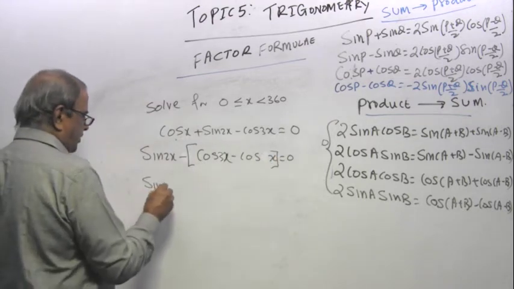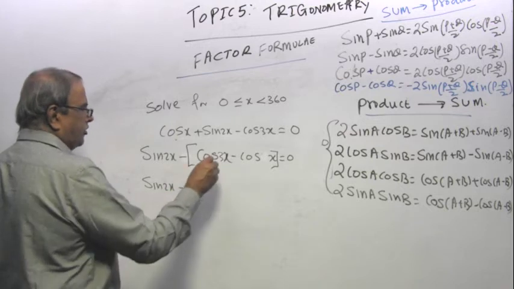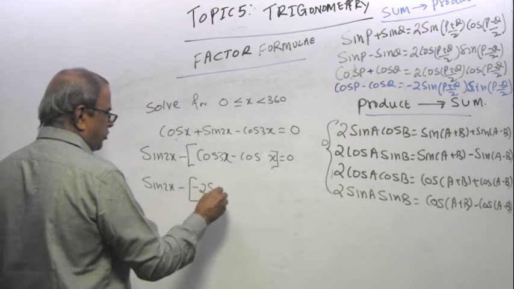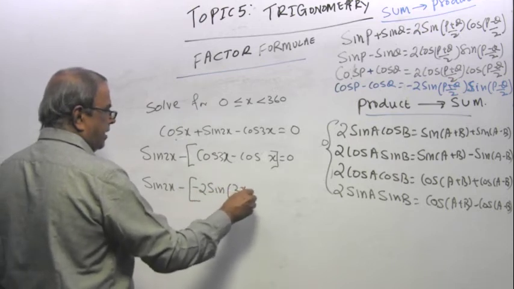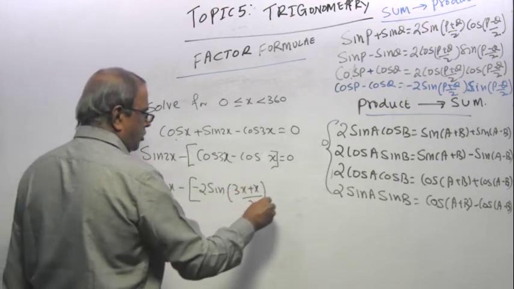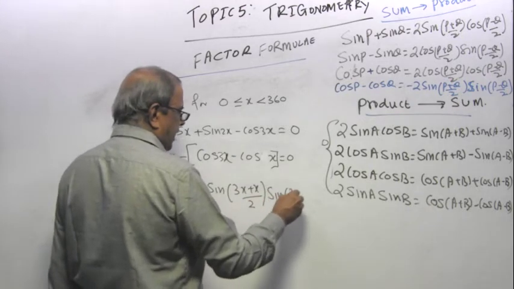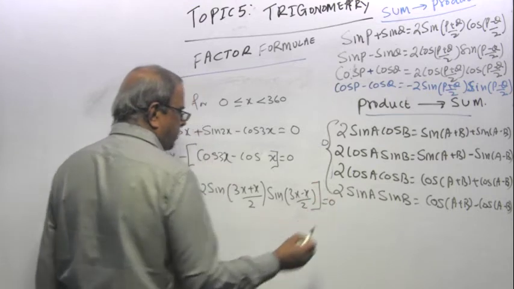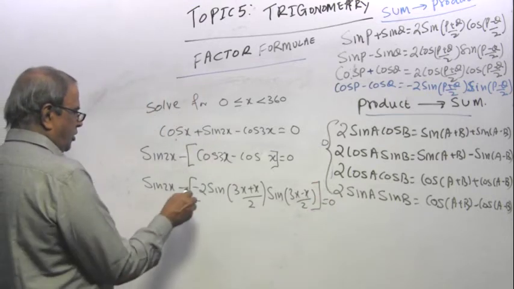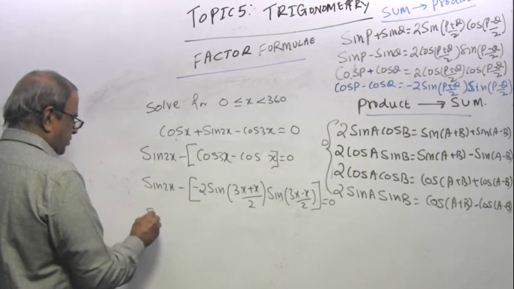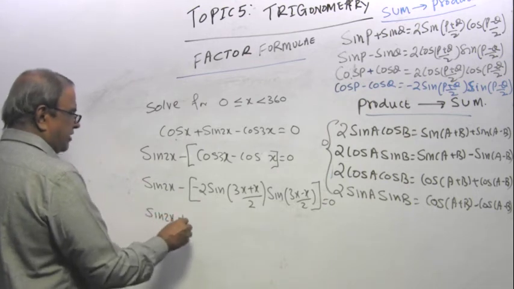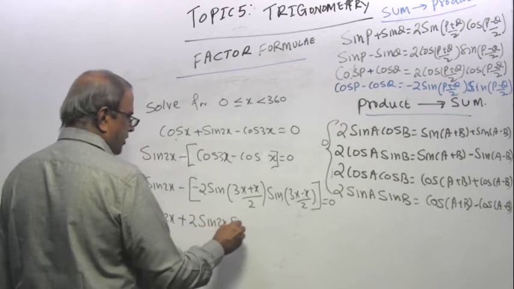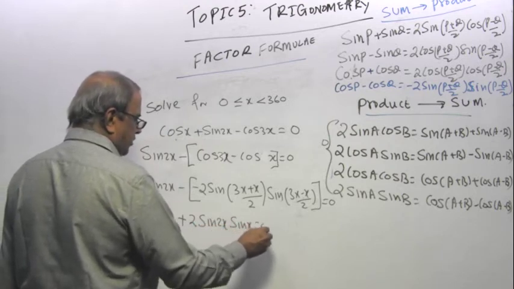So sin 2x minus, cos P minus cos Q is minus 2 sin of P plus Q over 2 sin of P minus Q over 2, equal to 0. So minus and minus becomes plus. So sin 2x plus 2 sin 2x sin x equal to 0.